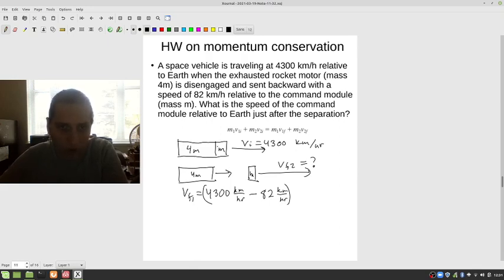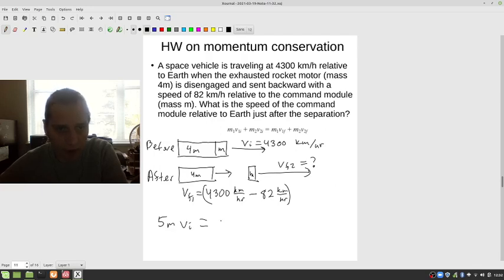Okay, but now you can just set up your momentum conservation, and it's easy. So here's your before. Here's your after. Momentum before equals momentum after. So you can set 5m, that's your total mass before, times V initial equals, so momentum before equals the momentum of your engine, or motor, I guess, your momentum of your motor plus your momentum of your command module.